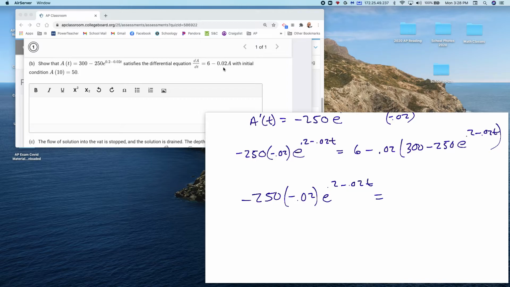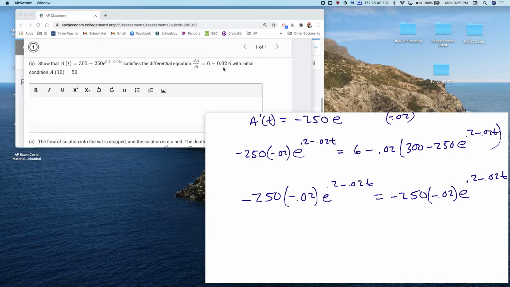Equals, actually, I'm not even going to write the 6. I'm just going to rewrite exactly what I have.